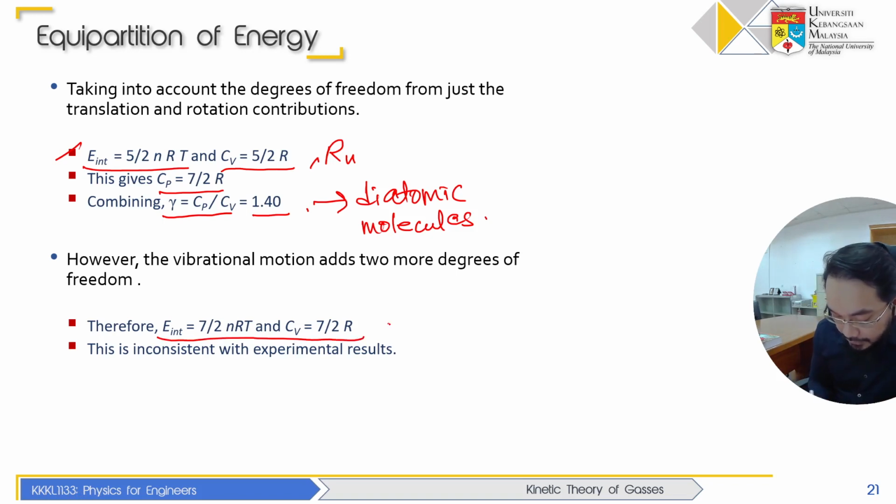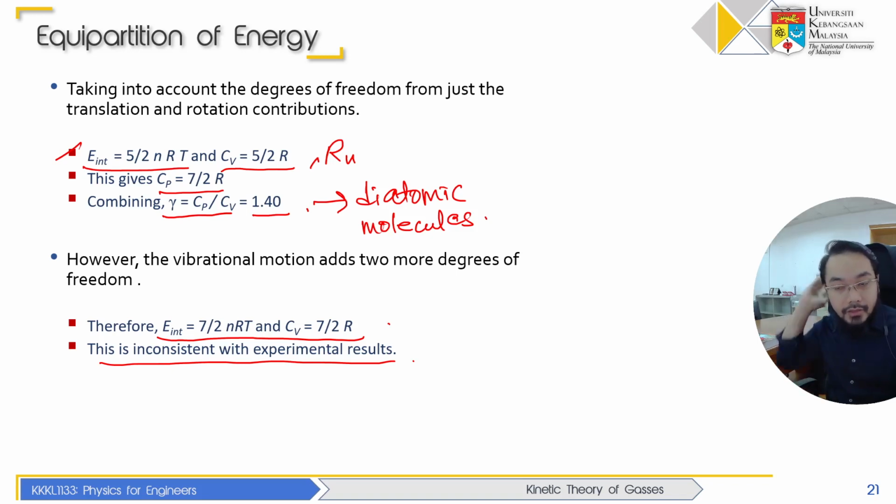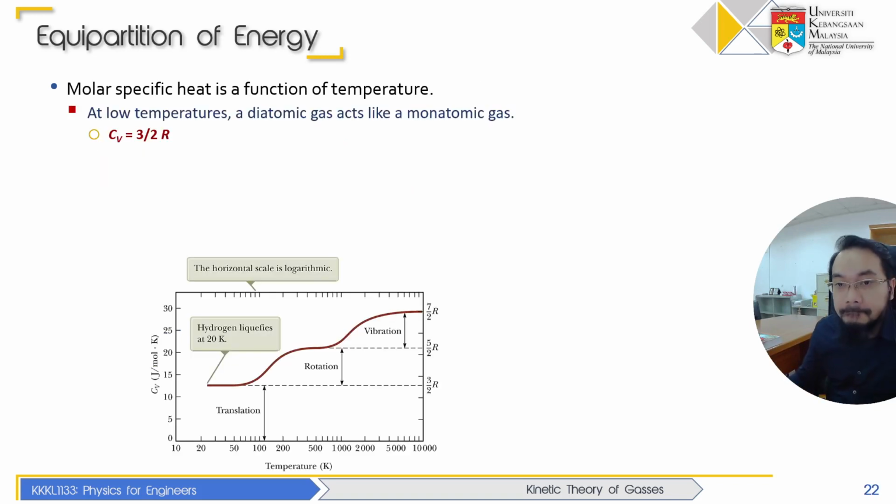However, this is inconsistent with experimental results, because the experimental result is more random and inconsistent. So if we plot the molar specific heat as a function of temperature, let's consider the molar specific heat of a constant volume process, CV, versus temperature K in Kelvin. At low temperature, a diatomic gas acts like a monoatomic gas.